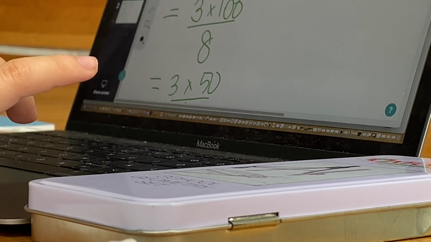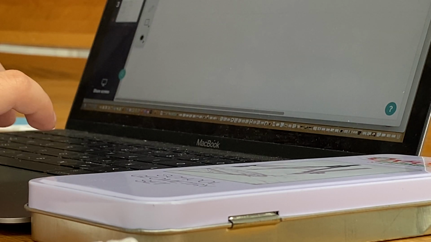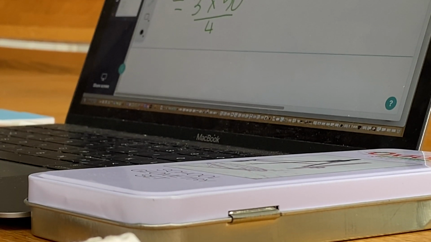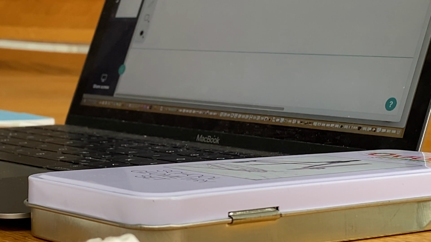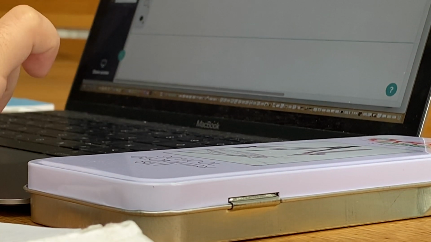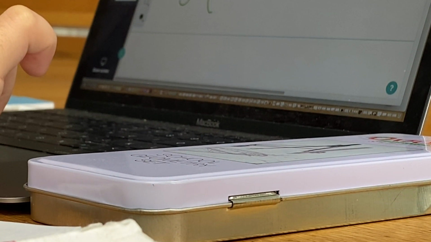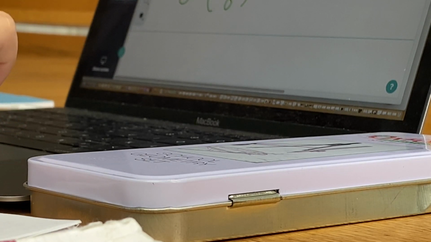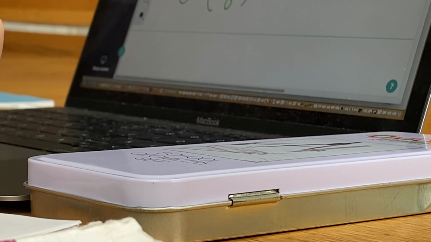Sorry. Let's do this in a slightly different way. So we have 3/8 times 100. Let's do 3 times 100 over 8. And then, as you said, we do 3 times 100 divided by 8. And then we said that 100 divided by 8 is 12.5.